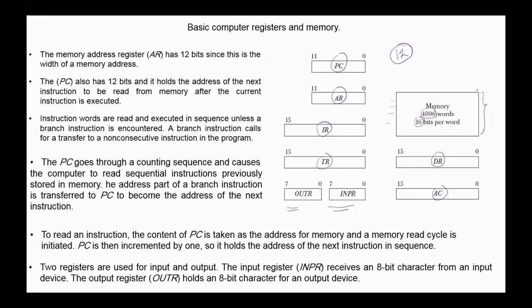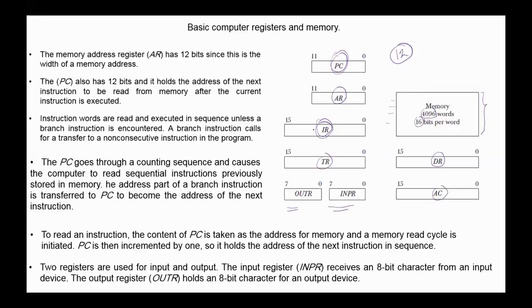A quick summary: both instructions, the program, and data are stored in memory. A program counter is used to hold the address of the next instruction. So we read the instruction from memory and store it in the instruction register.